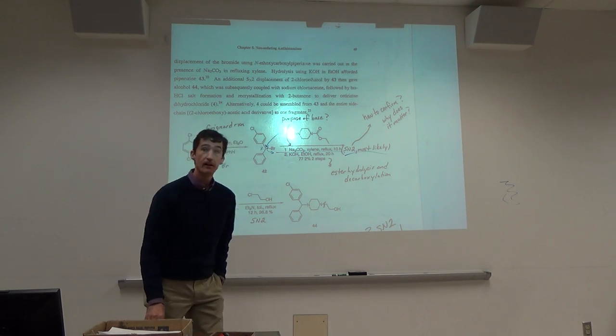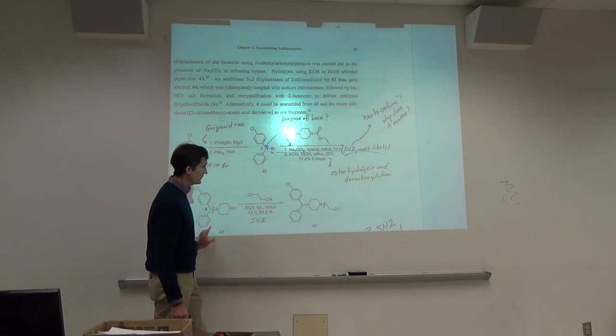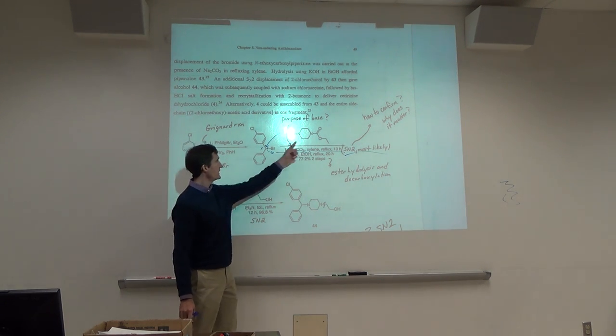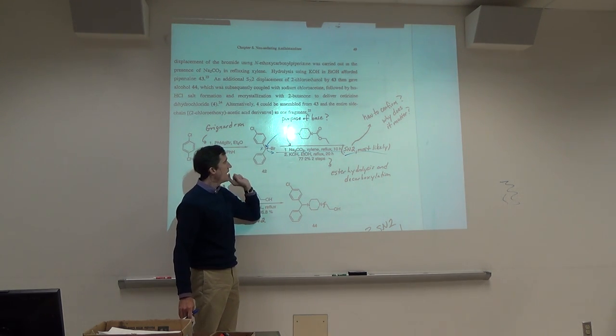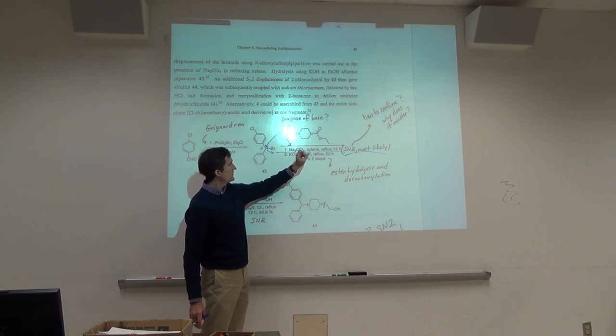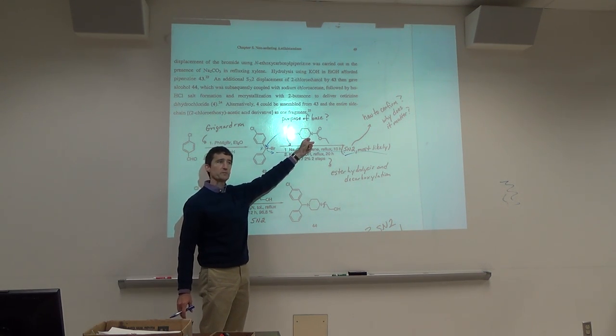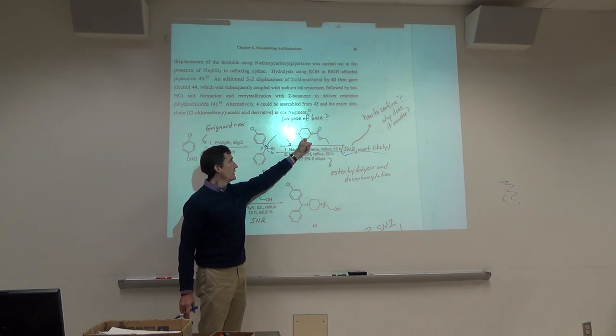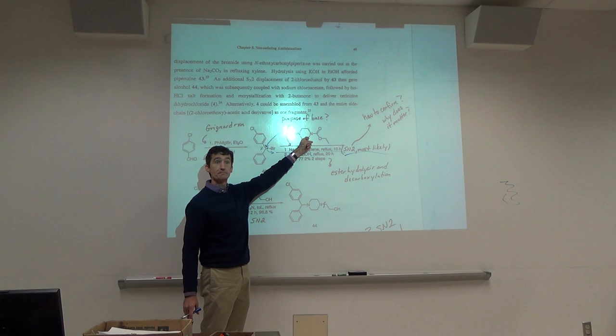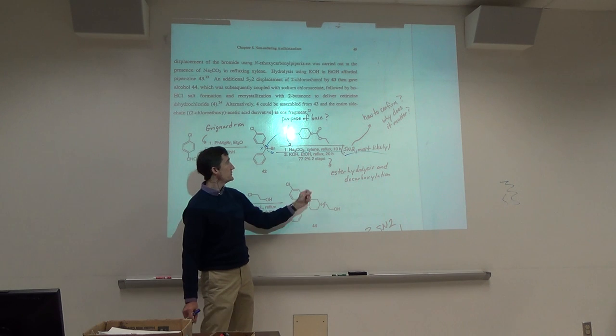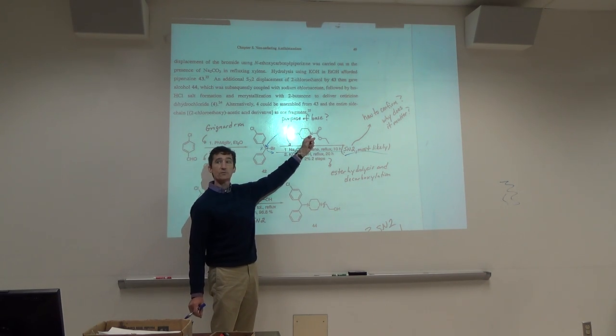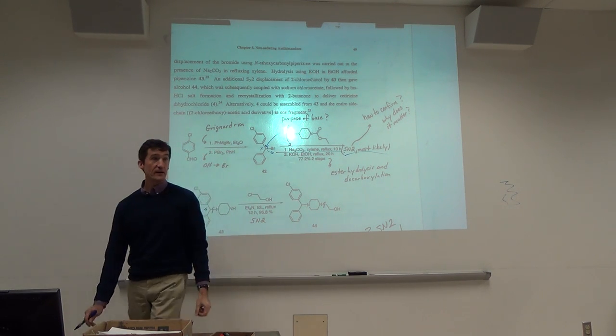Why does it matter? What if you're working for this company, I don't know, Bristol Myers Squibb, and they're making this drug, and you're getting a lousy yield on this? You might propose, well, let's double the amount of this, and maybe this will make it react more. Well, only if it's SN2. If it's SN1, you can double this all you want, and you're not going to change it a bit. And if it's SN1 and you ask the company to spend $5,000 more on doubling that, when it's not going to do a thing, they might not like you spending $5,000 on it.